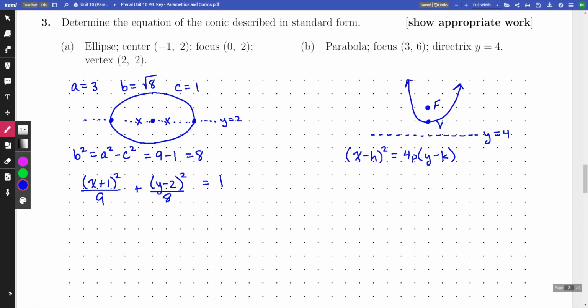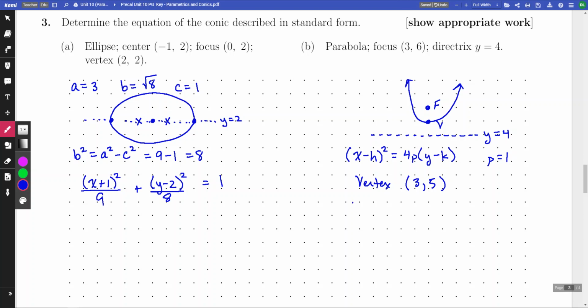I know that my vertex has the same x value as my focus, which is 3, and it is halfway between my focus and my directrix, which would be 1 unit down, and therefore 5. And I know that p is going to be equal to +1 because the focus is above my vertex.